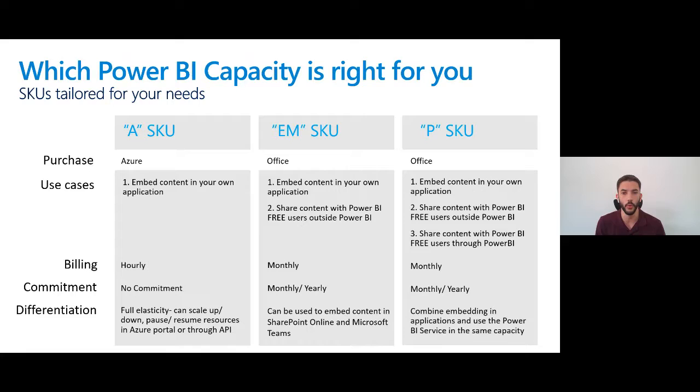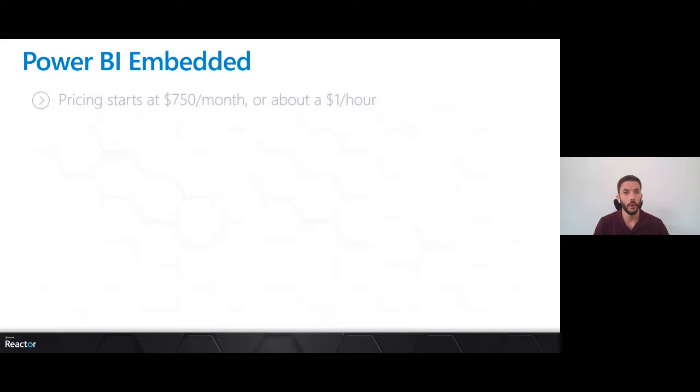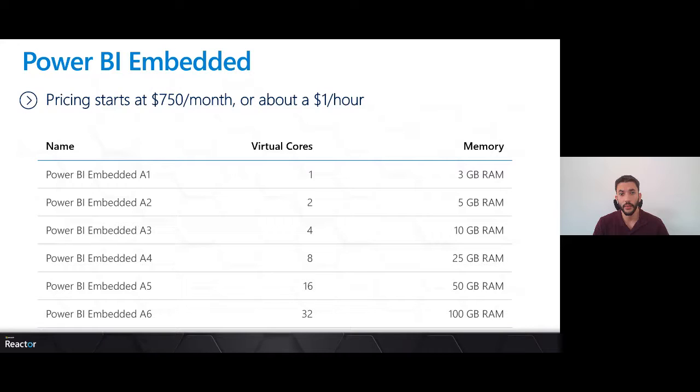For these SKUs, you buy them on Office, and the billing for them is monthly or yearly. If we talk about the Power BI Embedded A SKUs, the pricing starts from $750 per month or $1 per hour. So these are the SKUs that we have, starting from A1 to A6, depending on the virtual cores and memory that you like.